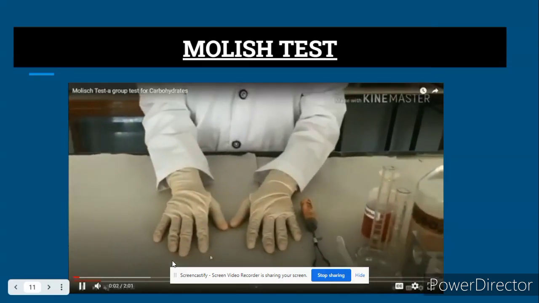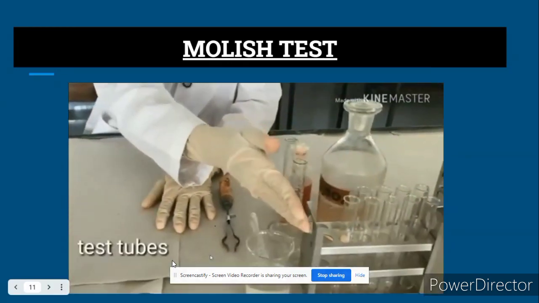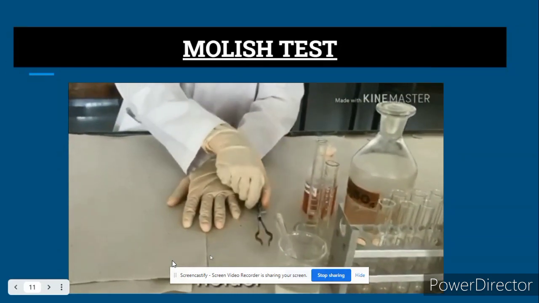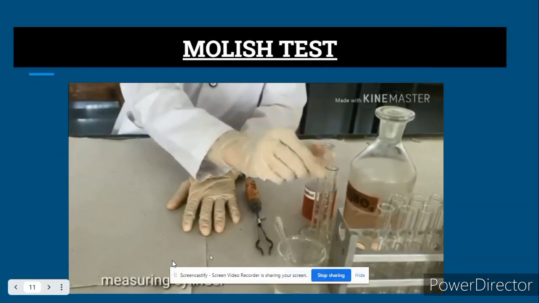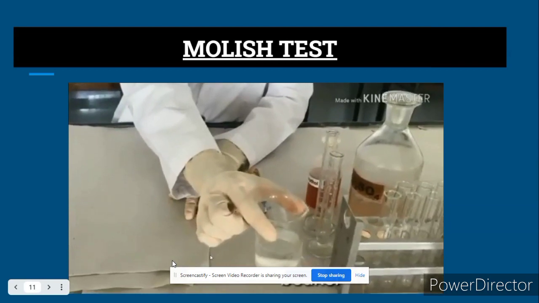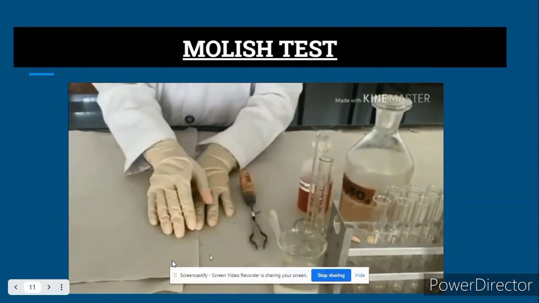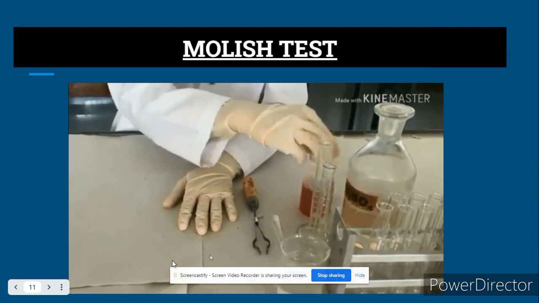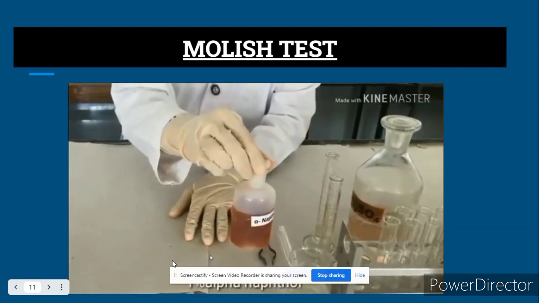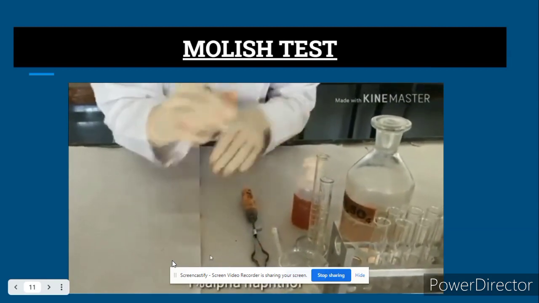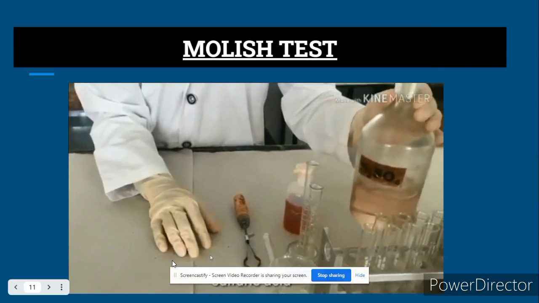Instruments required for the Molisch test are a test tube stand, a test tube holder, a measuring cylinder, and a beaker containing a sample. The reagents used in this test are 1% alcoholic alpha naphthol and concentrated sulfuric acid.